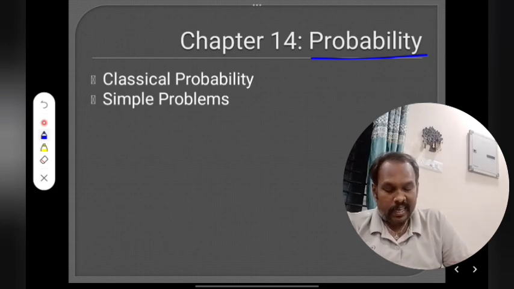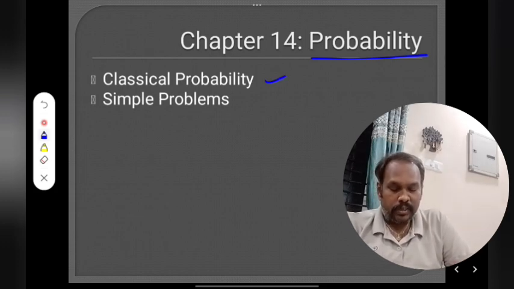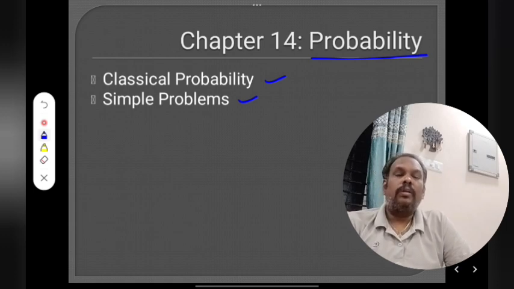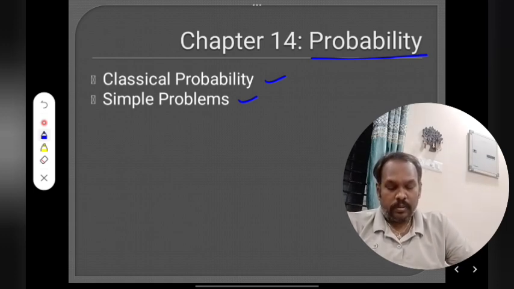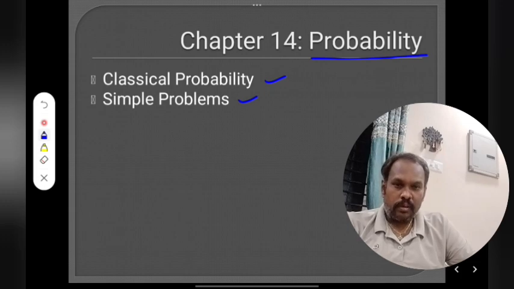In this, classical probability definition and simple problems, how to solve the problems in probability based on coin, dice and a deck of cards, and some real life situational problems by using the probability formula you have to solve.